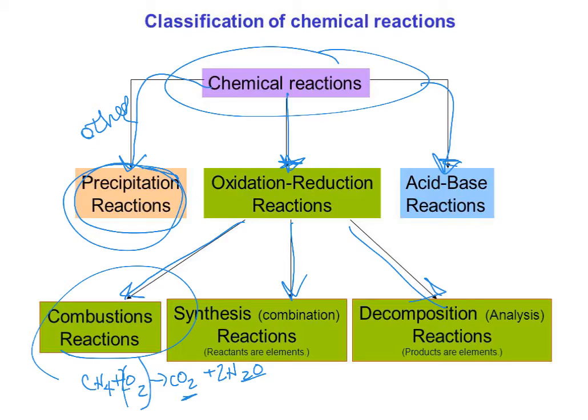Okay, so combustion reactions are always redox reactions, and that'll make more sense later. Synthesis reactions. So if you combine two reactants to give one larger product, that is always a redox reaction. And then finally, the opposite of synthesis, decomposition. If you start with one larger substance and it decomposes into the individual smaller products, that is always redox reactions.